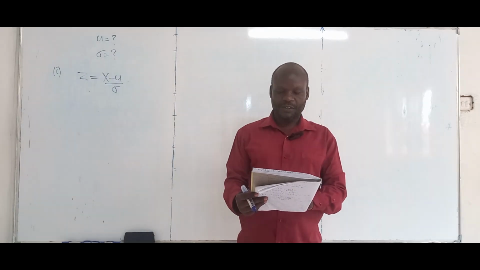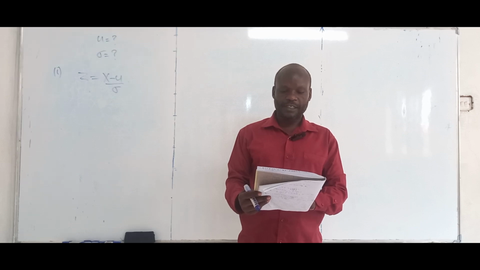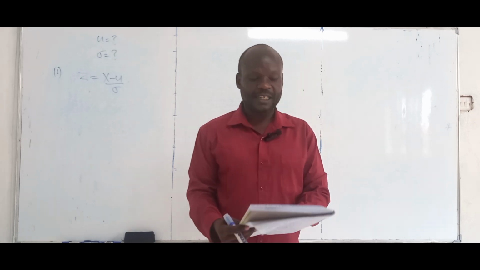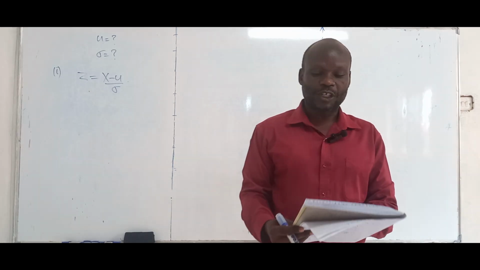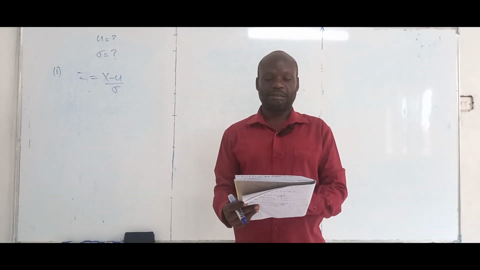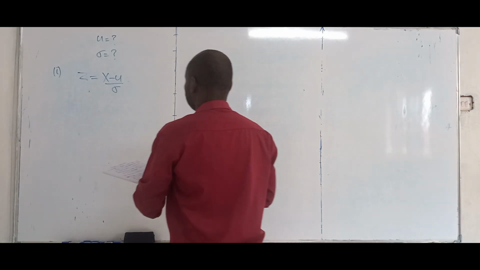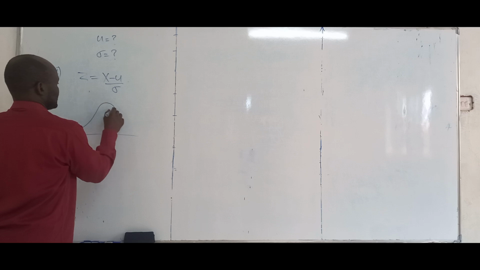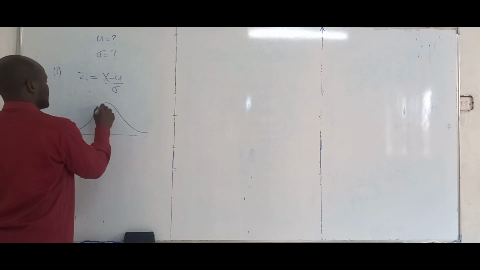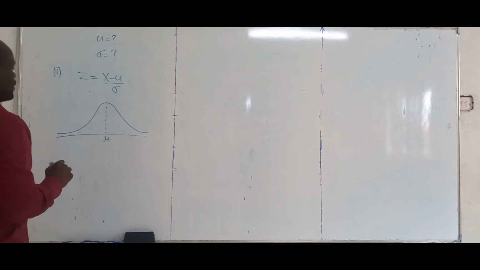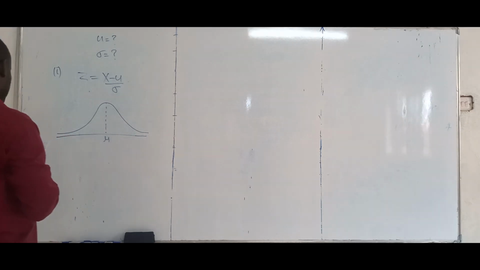Secondly, we are also told that 17.5% have fingers shorter than 7.7 centimeters. Roughly, the curve would look like this. If this is the mean, then we have our standard deviation.